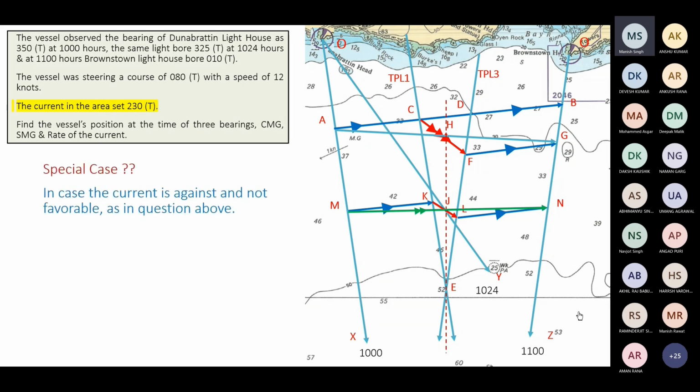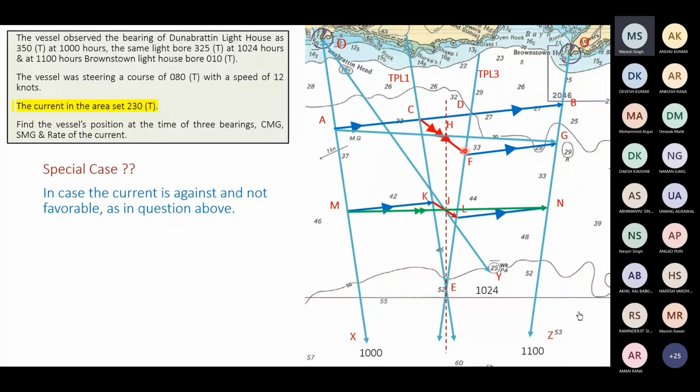Now let's see that you are given a question in which the direction of the current is such that it is against your course steered and not favorable or not in the same direction. Like you can see in this particular question, our course steered is in the easterly direction.